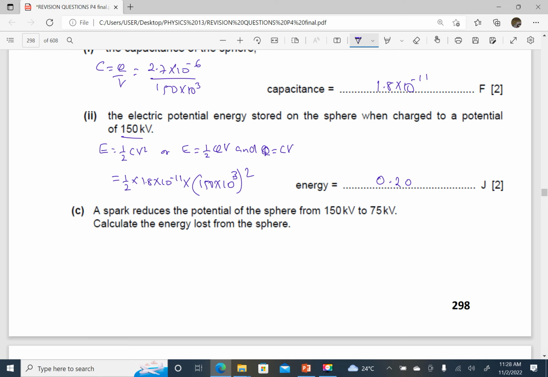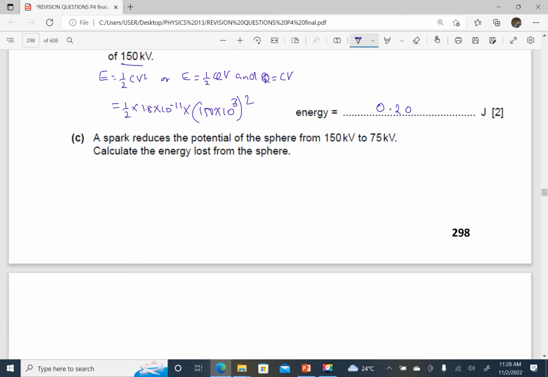A spark reduces the potential of the sphere from 150 kilovolts to 75 kilovolts. Calculate the energy lost from the sphere. Remember, energy is equal to a half CV squared. So the change in energy is going to be a half, the capacitance remaining the same, 1.8 times 10 power negative 11. There's just a change in PD from 150 times 10 power 3, squared, to 75 times 10 power 3, also squared.